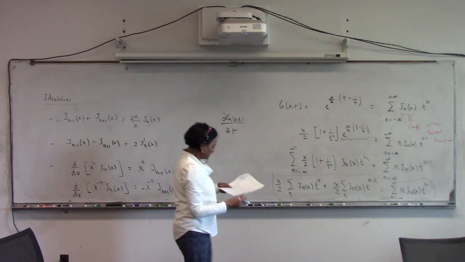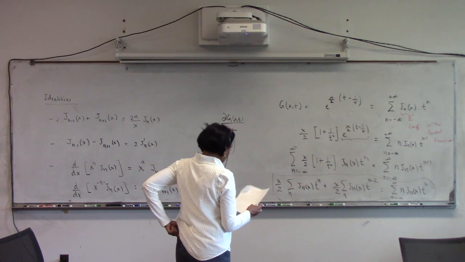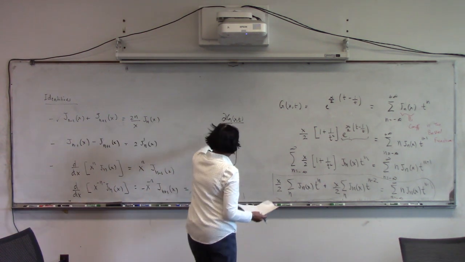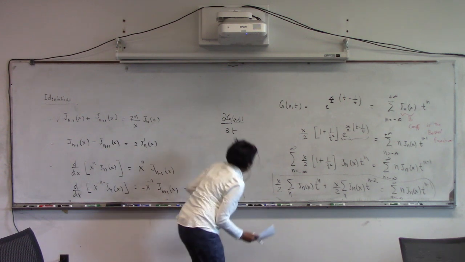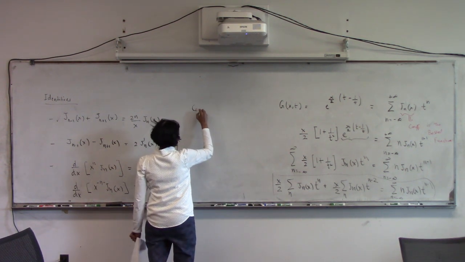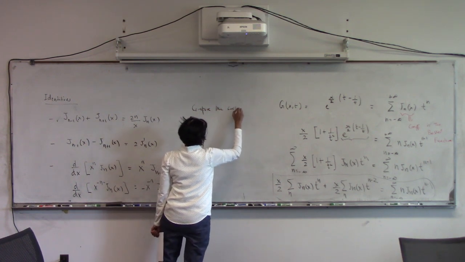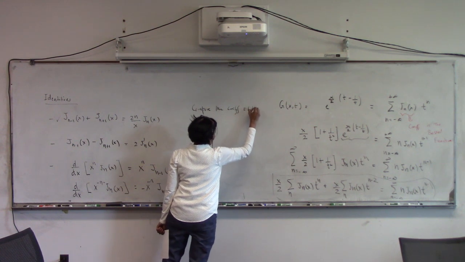So what should I do? Which power should I compare, and what should I get? We can choose anything. We can always modify that. So should we just go with t to the power n, on both sides?